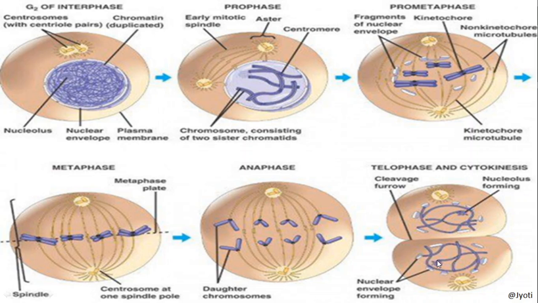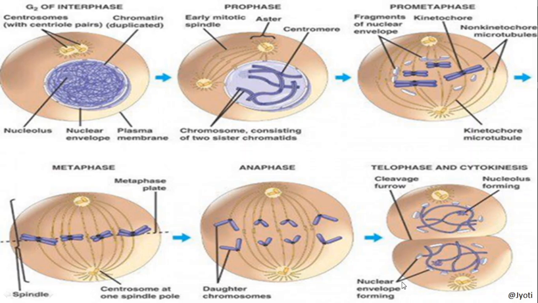The nucleolus also starts forming, and after the nuclear membrane and nucleolus are completely formed and the chromosomes become chromatin material, it forms the daughter nucleus. So two daughter nuclei are formed, and towards the end of telophase the cytoplasm starts dividing, and that is called cytokinesis. How cytokinesis takes place, we will discuss in detail.